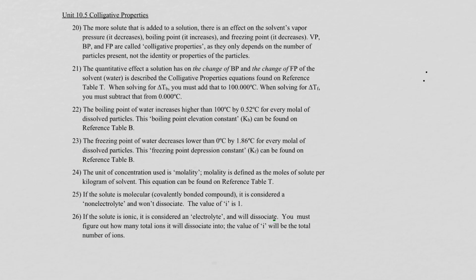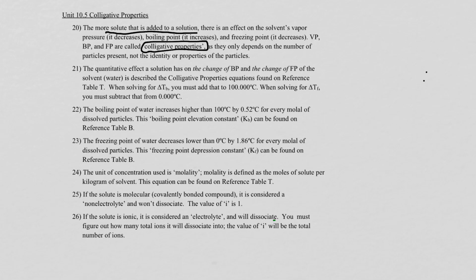Starting with point number 20, this is trying to tell you that the more concentrated a solution is, the more solute that you have added to the solution, there's an effect on the solvent's vapor pressure, the boiling point, and the freezing point. Now, these are all colligative properties, and the strict definition is that these are properties that are dependent on the number of particles dissolved in solution.